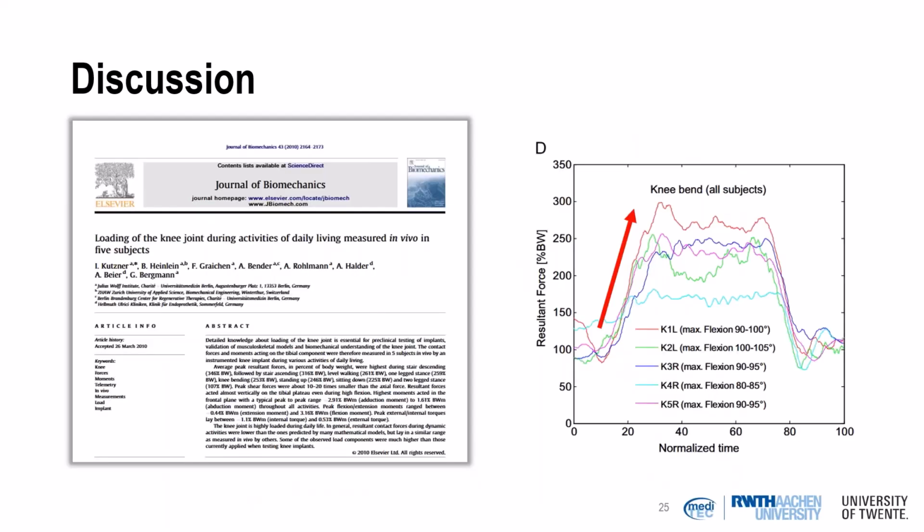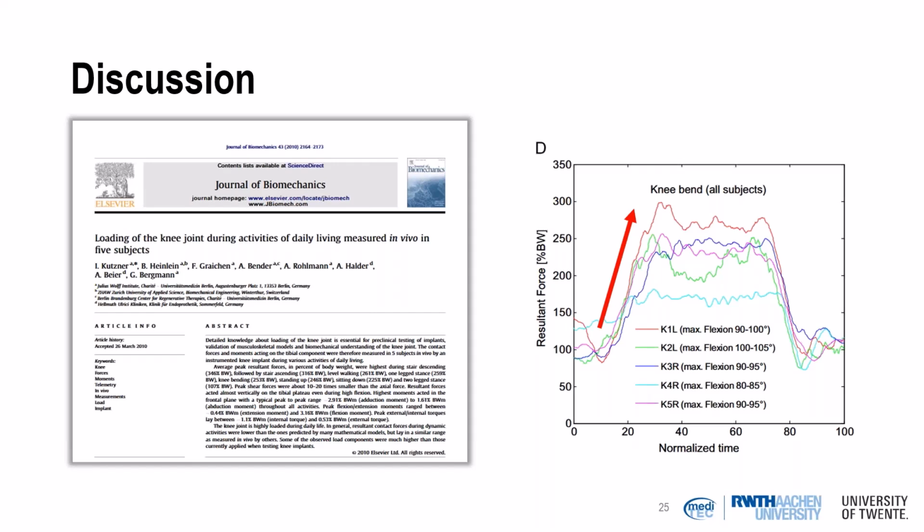So what if we look at the validity of the experimental data and compare it to other in vivo measurements which are available from the Bergmann group in Berlin? They have reported it in a nice, highly cited publication of 5 patients, so that you can see that for almost all of them, for an increased squatting motion, knee joint forces also increase, which makes complete sense.